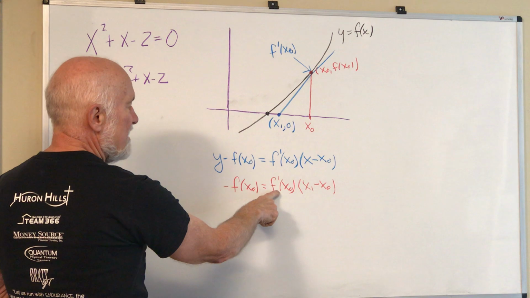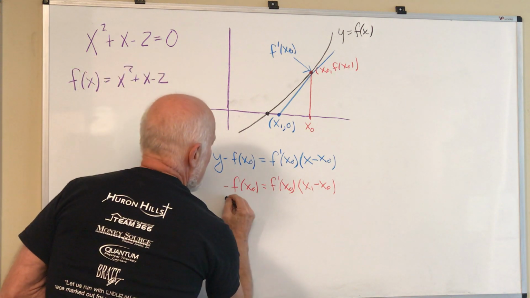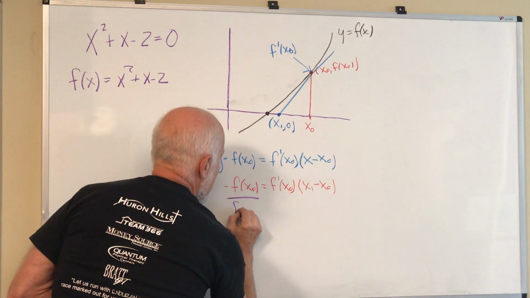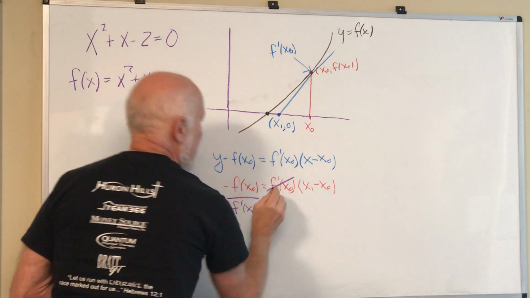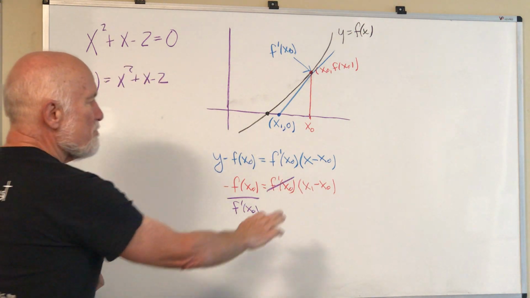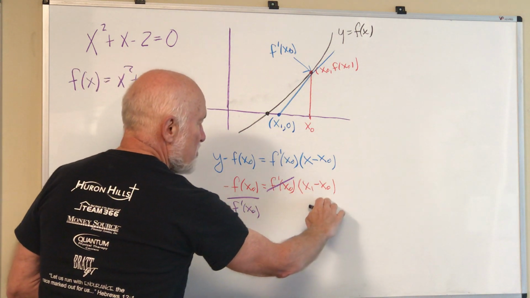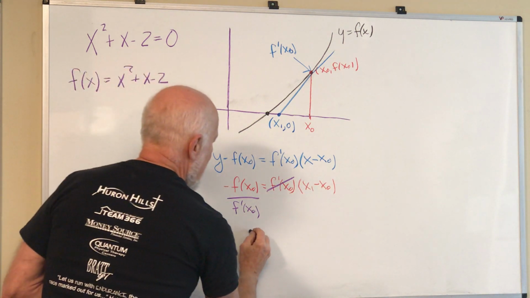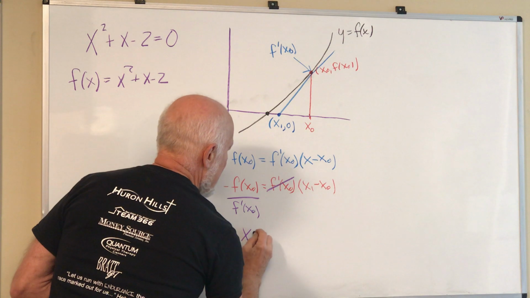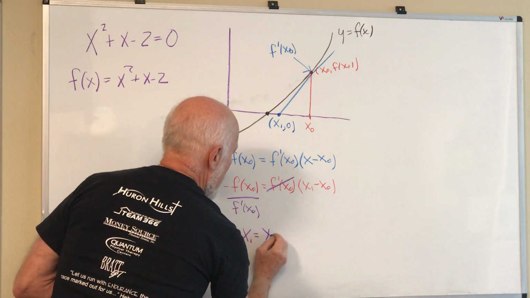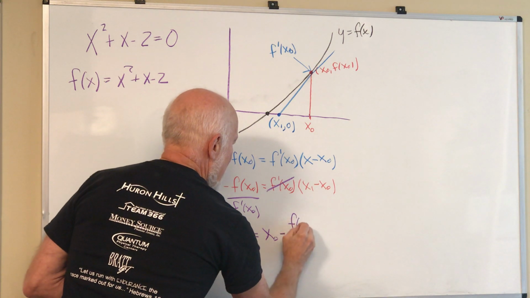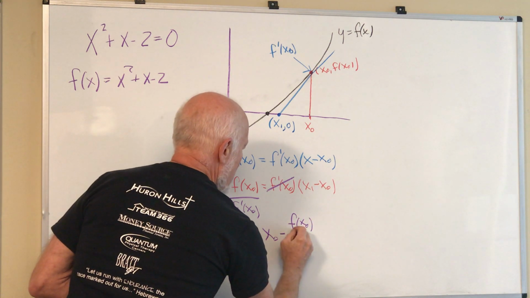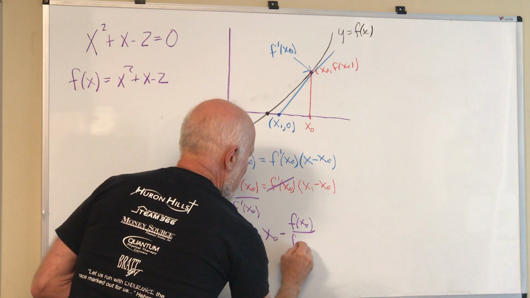So the first thing he did is divide both sides by f prime of x 0. That got rid of that. And then he just brought the x sub 0 over to the other side. And he ended up with x1 equals x0 minus f of x0 over f prime of x0.